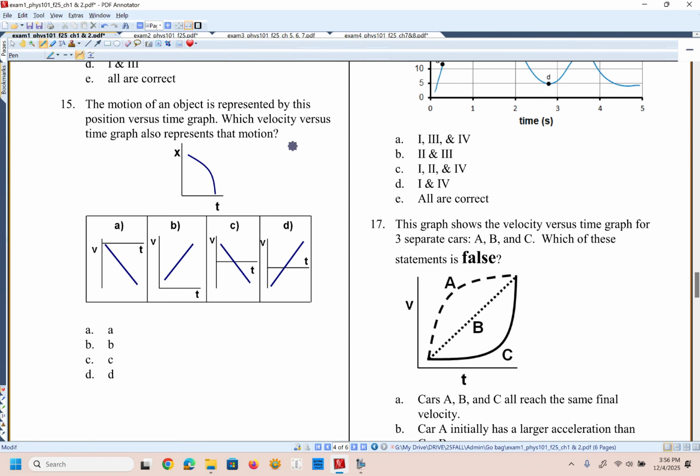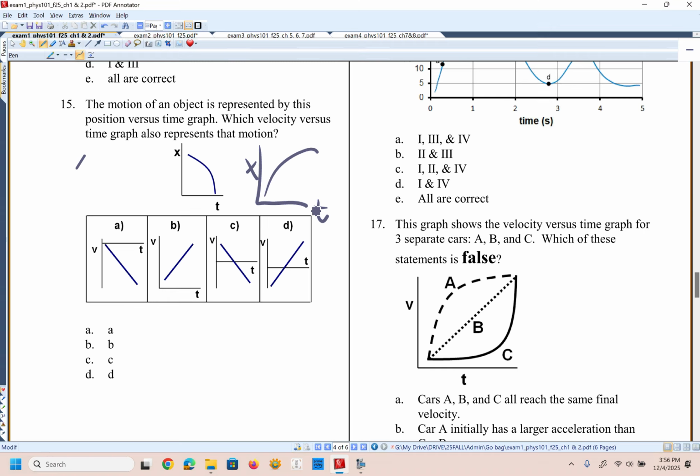I don't know, let's just practice this. Well, I'll give you a different one because you've seen this one. Let's see, that's X versus T. What if my X versus T looked like that? Well, in my x versus t, the slope of this graph represents the velocity. So this has a big positive slope right here.